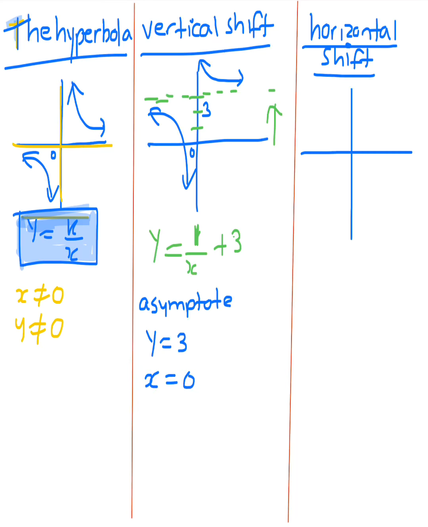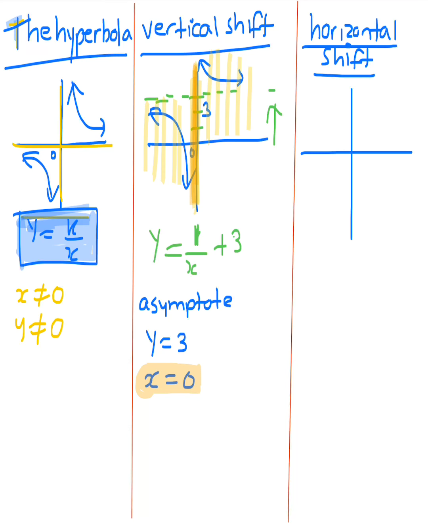Because if you look at that, the values of x that it is actually true for would be all of the negative x's and all of the positive x's, but the x that it is not true for would be x equals 0, and that's why x equals 0 is an asymptote.